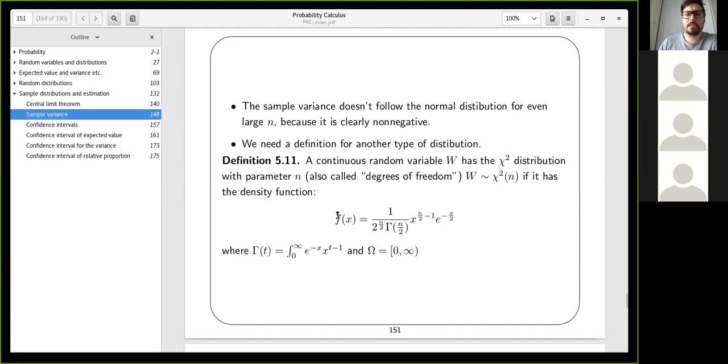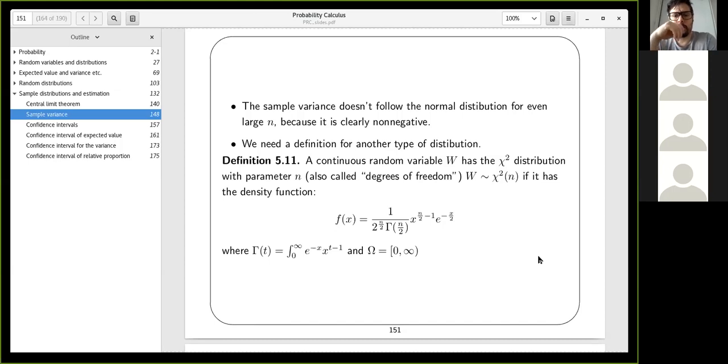If it has the following density function, and this is the sort of density function that I would not recommend you try to memorize. It can be shown that if you take the 0, 1 normal distribution, take n instances of it, take the squares of those and add them together, then what results is the chi-squared with degrees of freedom n.